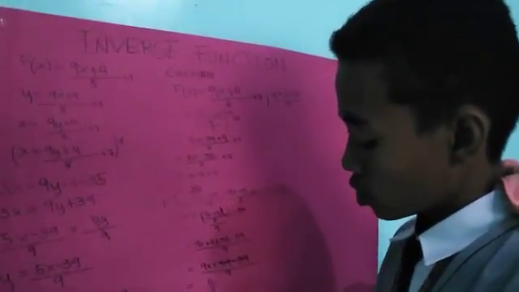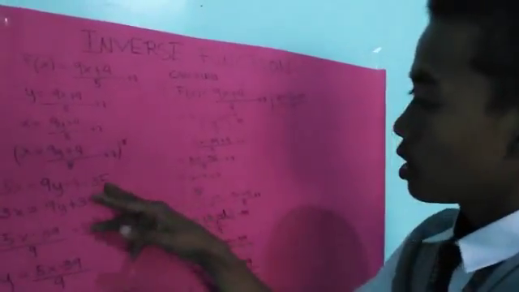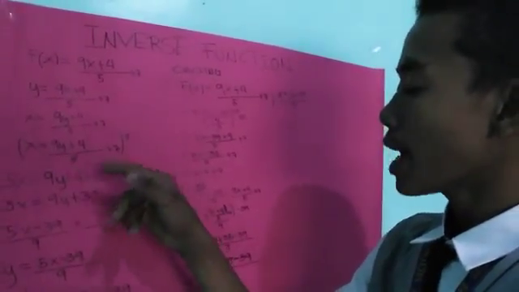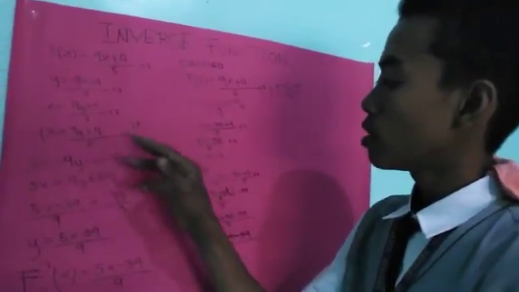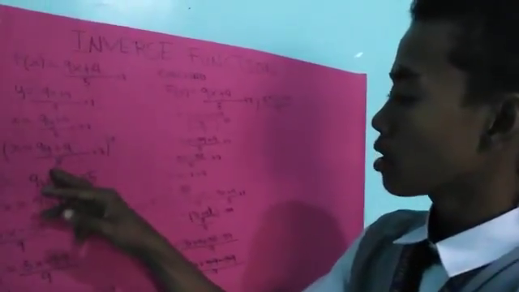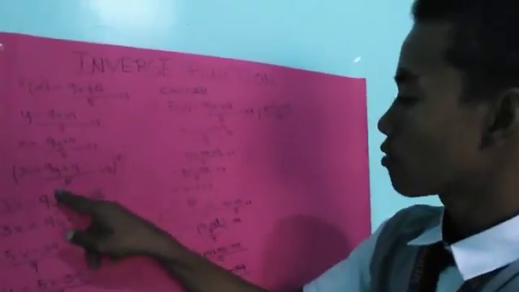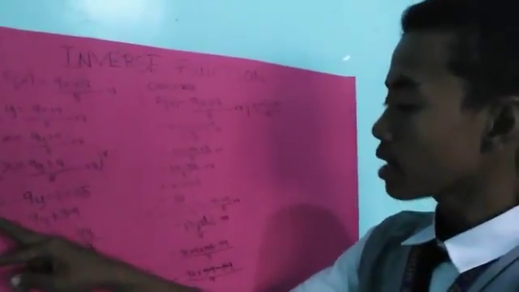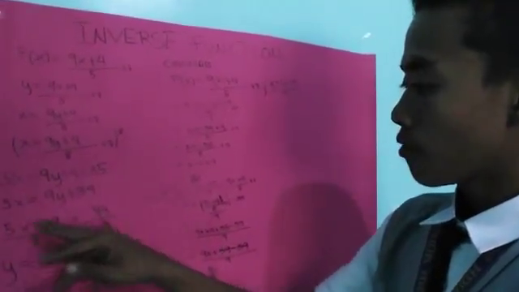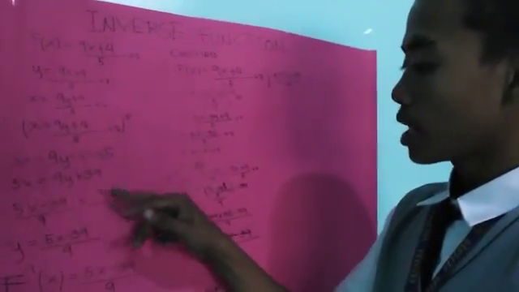Then simplify. x equals (9y plus 4) over 5 plus 7. So copy the denominator and copy the 5 in this area. Cancel out 5. So 5x is equal to 9y plus 4 plus 35, and 5x equals 9y plus 39.